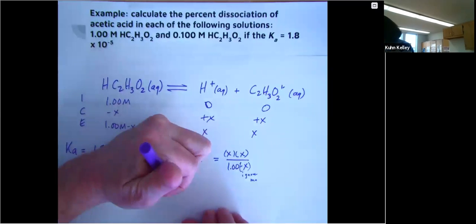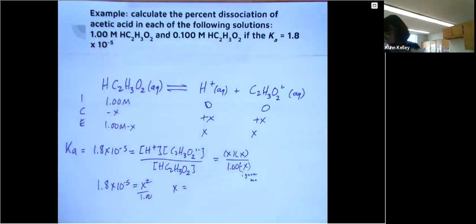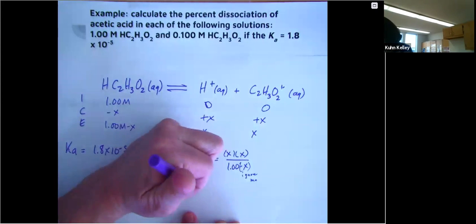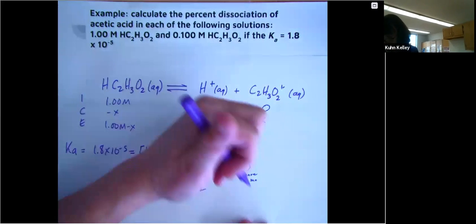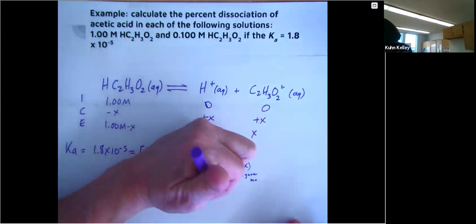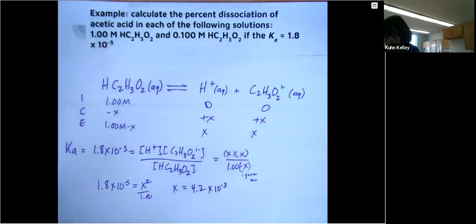So x is simply going to be the square root of 1.8 times 10 to the negative fifth. So square root of 1.8 times 10 to the negative fifth, and I get 4.24, or 4.2, because I only have two sig figs technically, times 10 to the negative third. So I've now solved for x, and I want to figure out my percent dissociation.